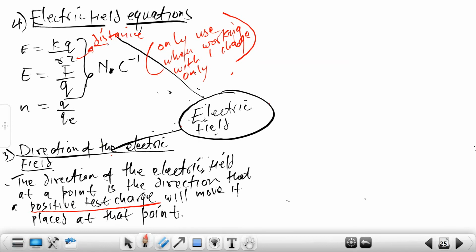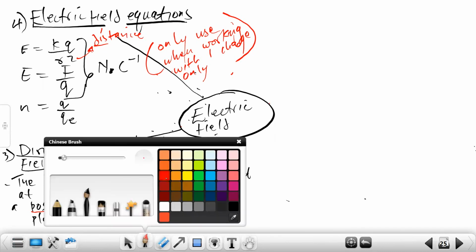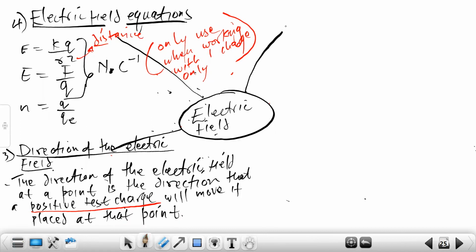If that is not given, the challenge is that I need some form of distance so that I can use the first equation. But the second equation becomes easy because I have a force and a charge only. So this brings me to this other section here, which is number 5.